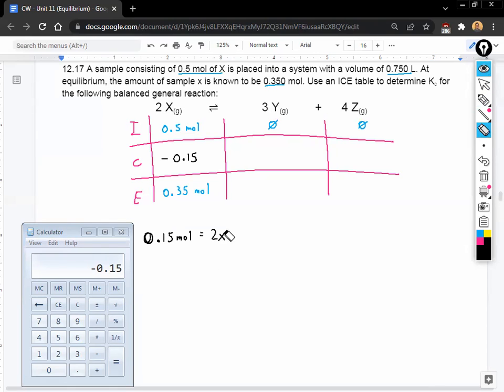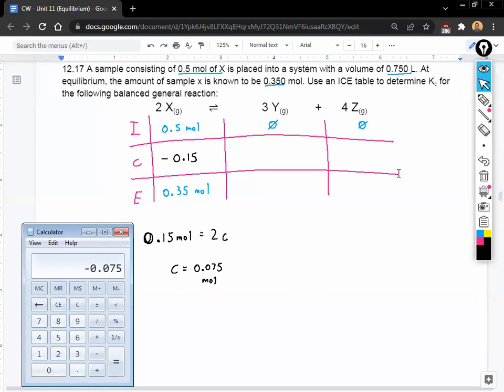Actually, sorry, I'm not going to use X just because we already have an X here, and we have a Z. We'll use C for change. So if we solve for C, C is going to be 0.075 moles, right? I think.